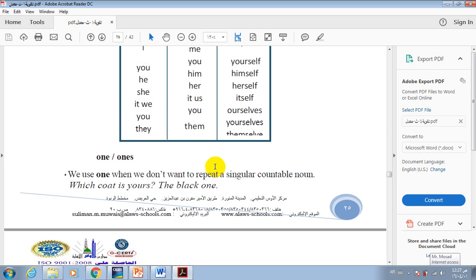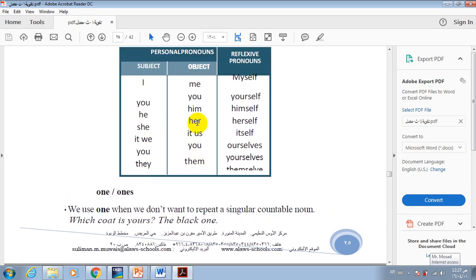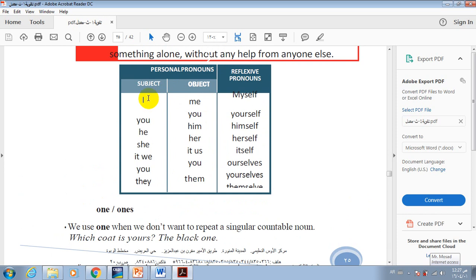Okay, my dear students, let's read the subject, object and reflexive pronouns again. I, me, myself. You, yourself, it's for singular. He, him, himself. She, her, herself. It, itself.